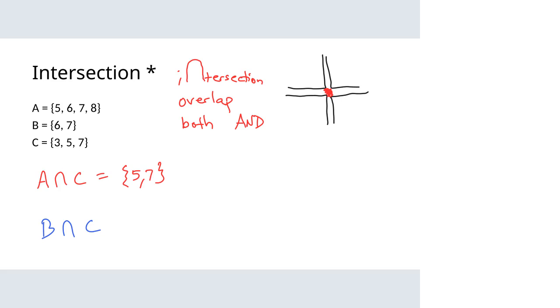So find B intersect C. Notice what we're after is a set, and so we need to use braces when we write it, and it's in roster form. We're looking for B intersect C. We'll go another 20 seconds and then talk about it.